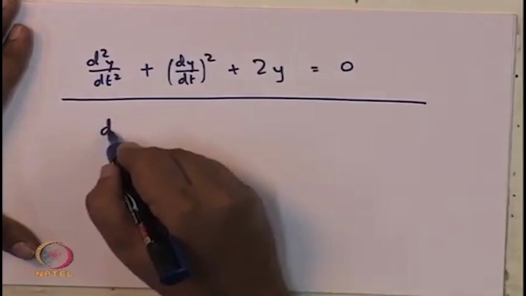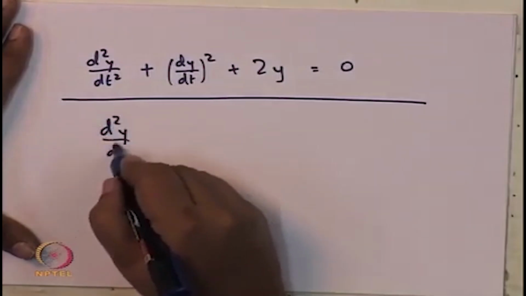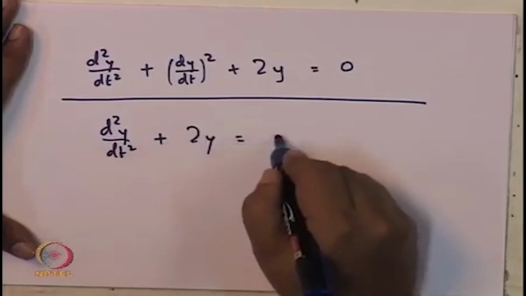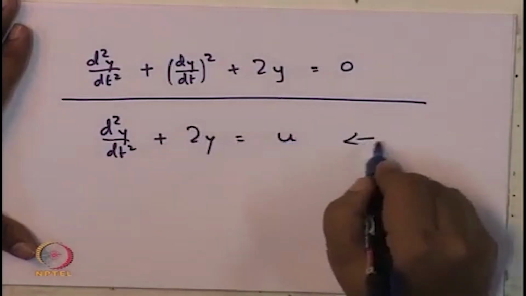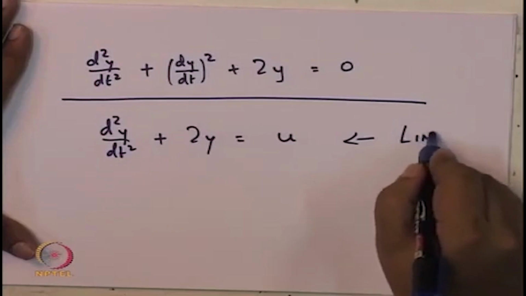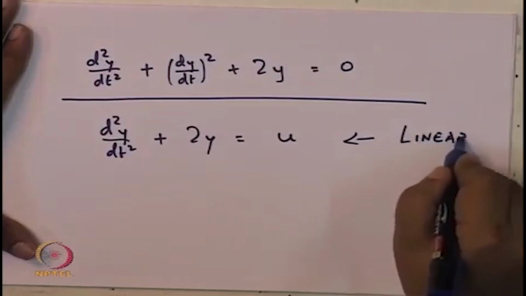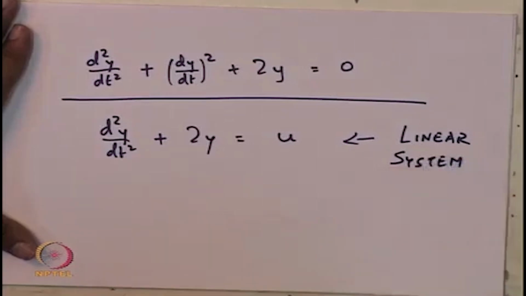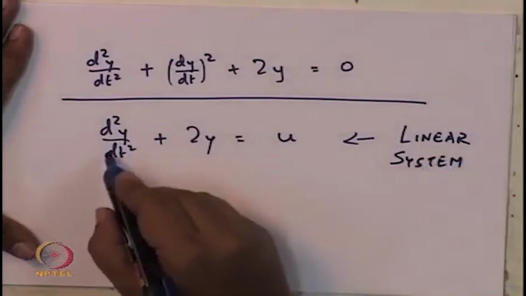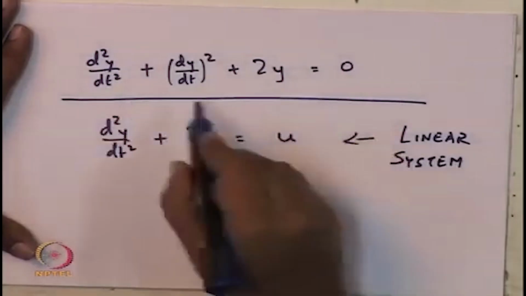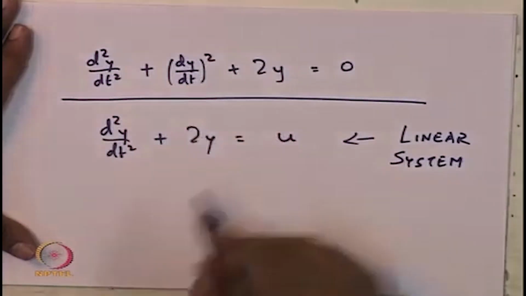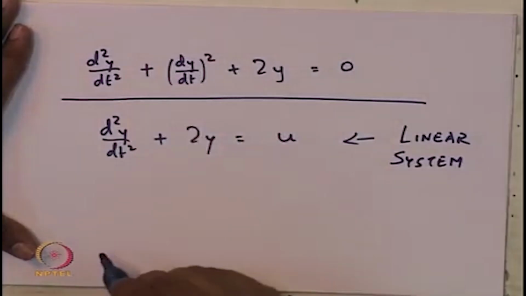So, think of this equation d2y dt squared plus 2y equal to u. This now is a linear system. Now, this is exactly like the original equation, except that you could think of this (dy/dt) squared as minus u.